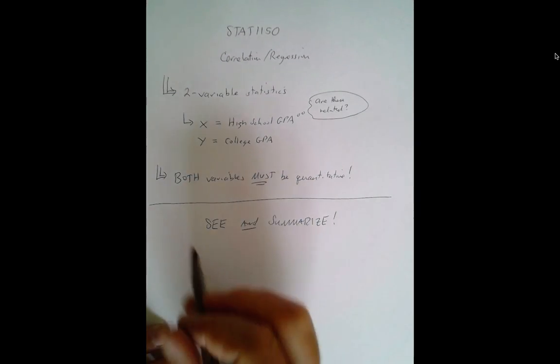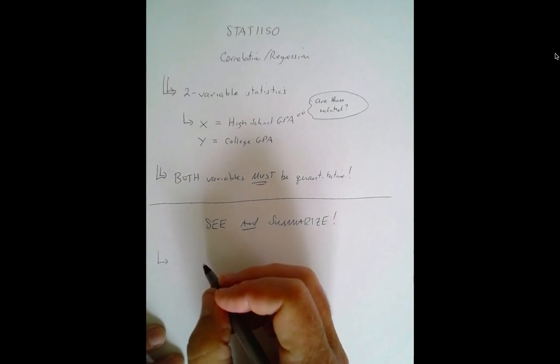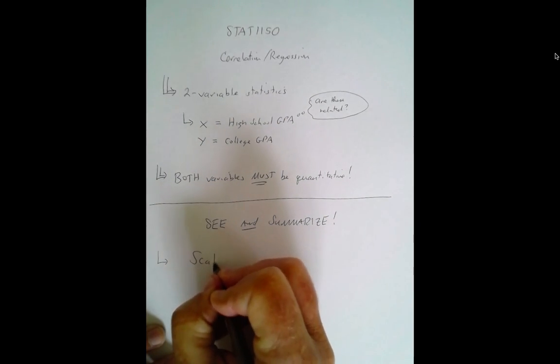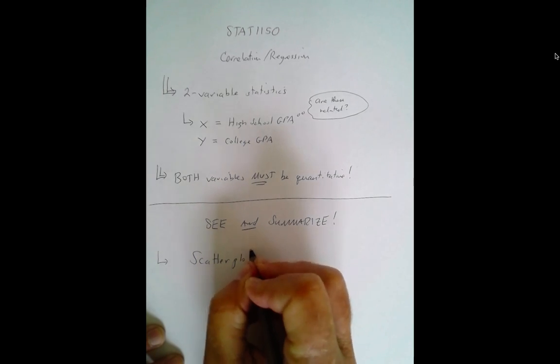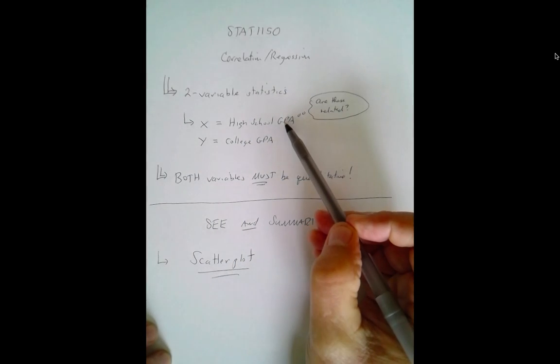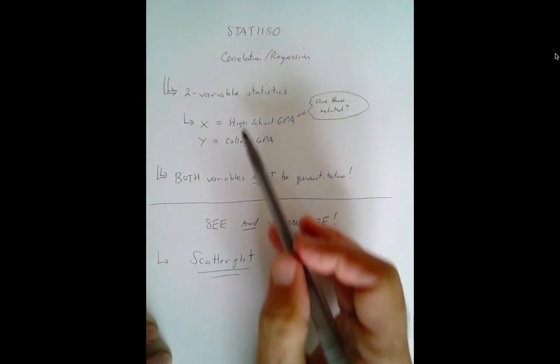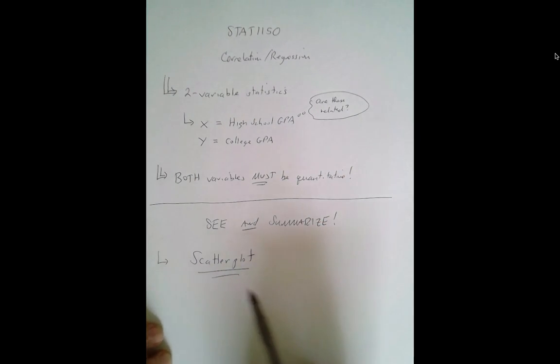What we do when we have two-variable statistics is create what's called a scatter plot. If we have one variable and we want to look at distribution shape and see if there are any outliers, then we look at a histogram or a box plot. But if we want to look at the relationship between two variables, that's the scenario I set up right here, we look at a scatter plot.